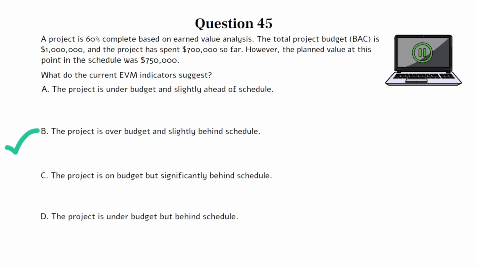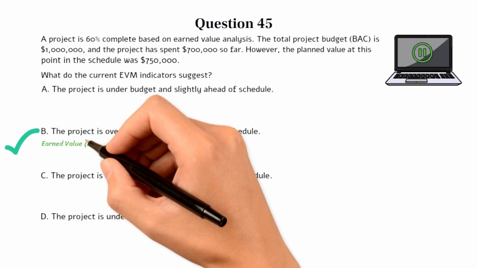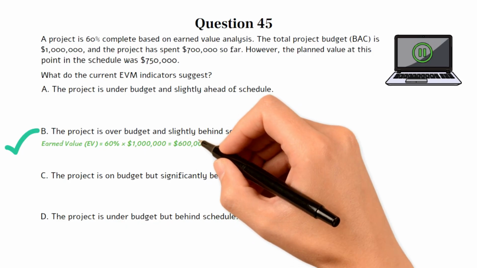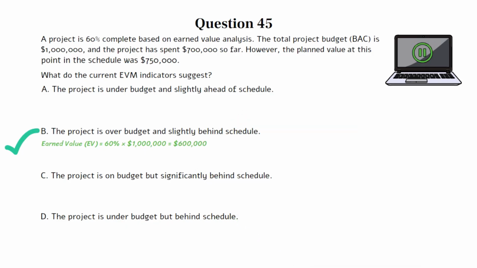This question tests your ability to apply core EVM formulas and interpret cost and schedule performance. You must calculate earned value and then compare it to planned value and actual cost to assess project health. Choice B is the best option because earned value, EV, equals 60% times $1 million equals $600,000.